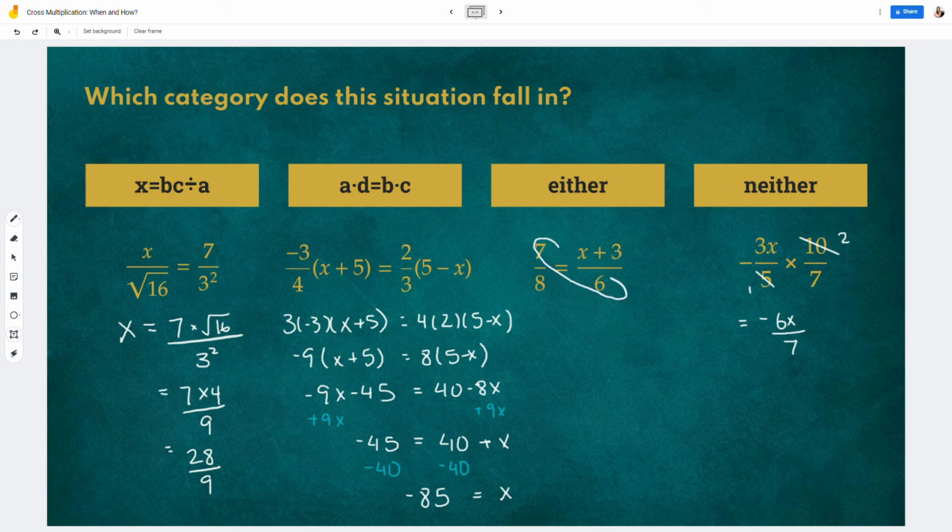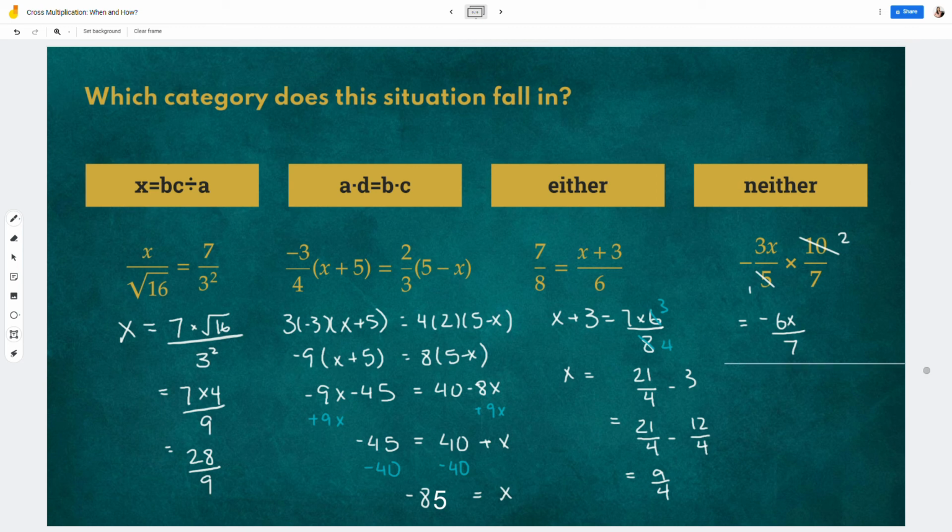X is on the top right, so I'm going to multiply the 7 and the 6 together because they're diagonal from each other, and then I'll divide by the remaining number, 8. To further isolate x, I need to subtract 3 from both sides. To subtract fractions, we need a common denominator of 4. And our final answer is 9 over 4.